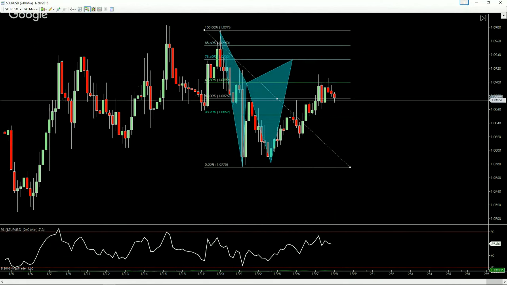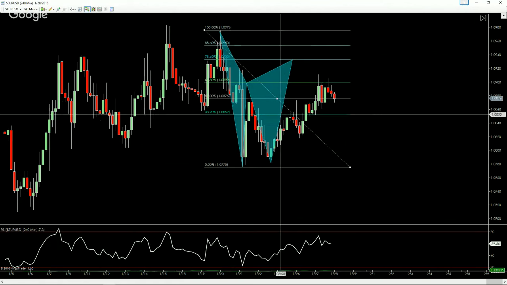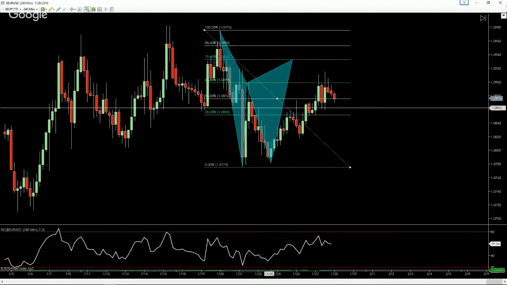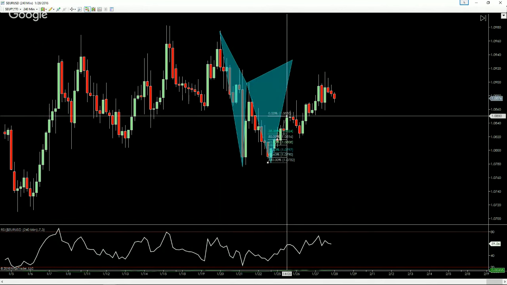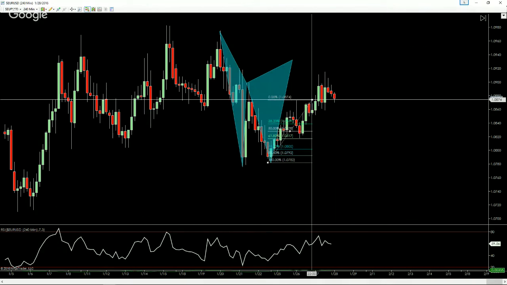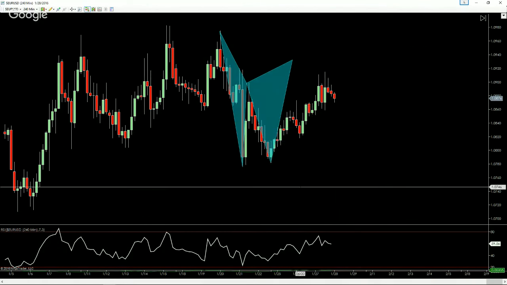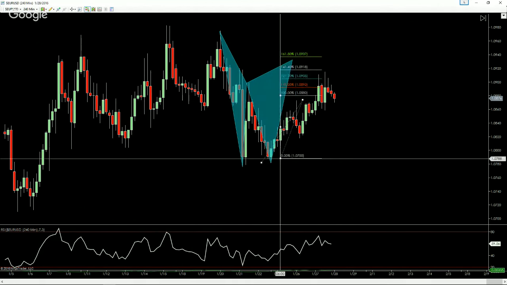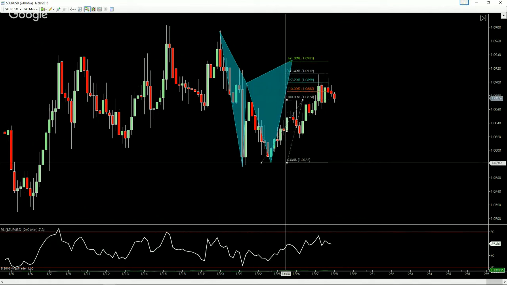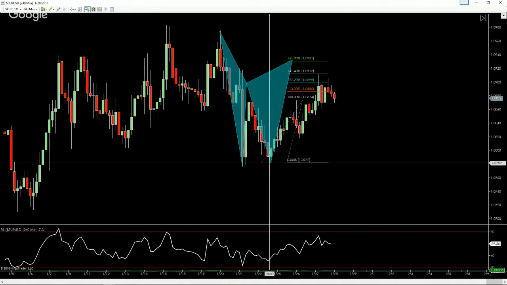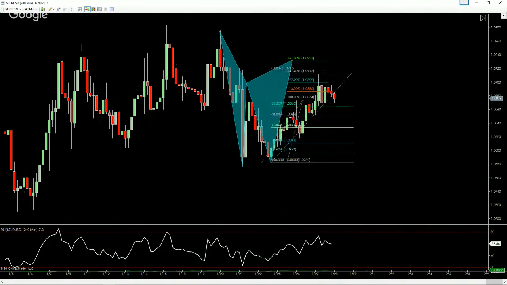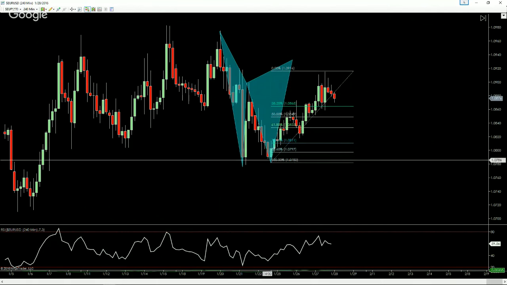Now, with that Gartley pattern, we know that it completes at the 127. What that could also tell us is that this could also be a cipher pattern. We have it right here.